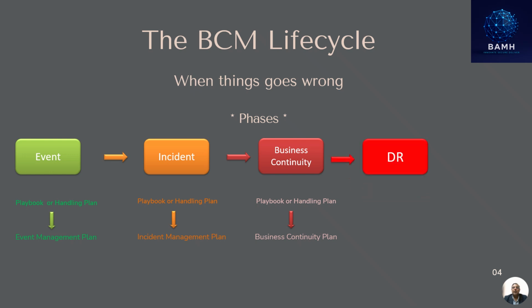Then comes DR, or disaster recovery, a subset of BCP focused on restoring IT systems and data after a disaster. The end product is our disaster recovery plan, also referred to as DRP, a ready-to-use guide for recovery.